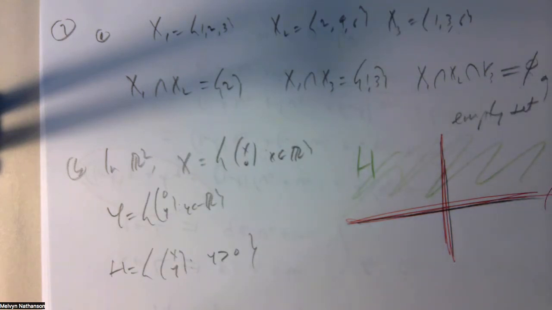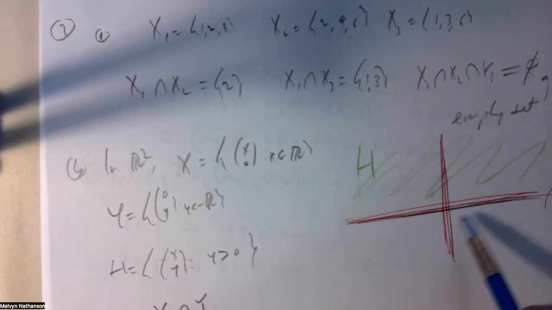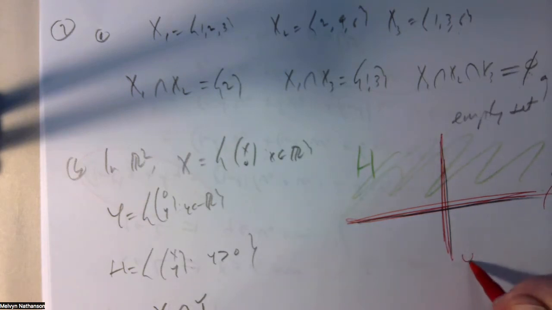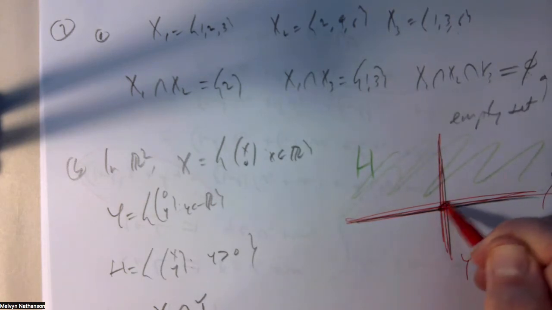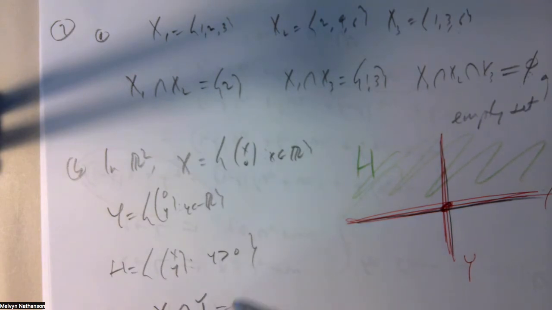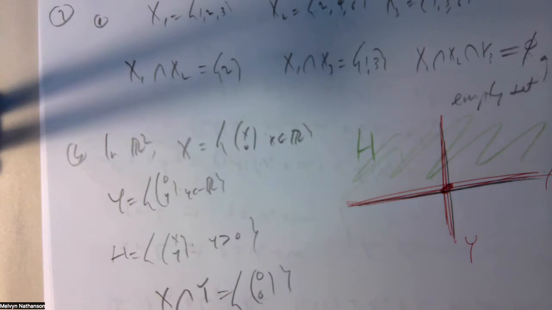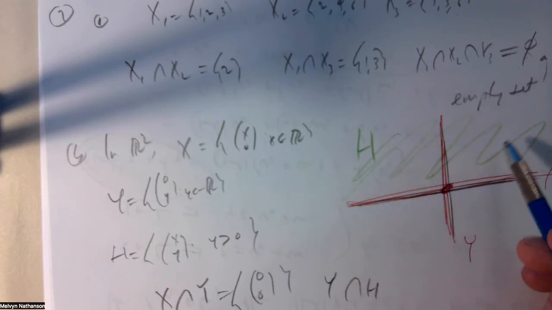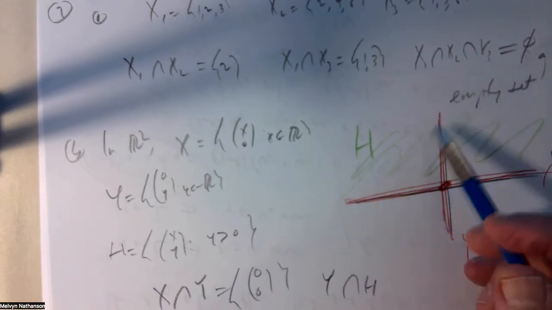It's everything above the x-axis. So if we take X intersect Y, this is X, this is Y, the intersection is just the origin, 0, 0. Y intersect H: Y is the y-axis, H is everything above the x-axis.